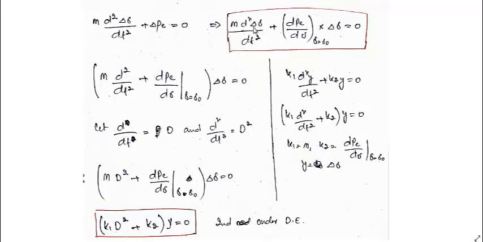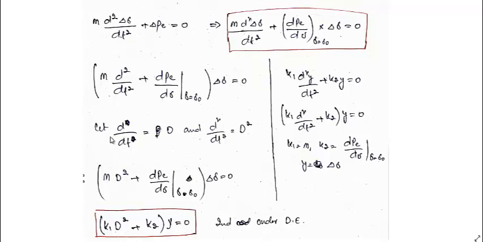Here I will take Δδ as common. So M d²/dt² plus dPe/dδ at δ equal to delta naught, bracket closed, Δδ will be equal to 0.